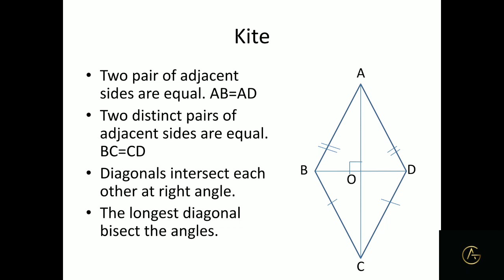Their diagonals intersect each other at 90 degrees, or a right angle. The diagonals AC and BD intersect at point O, which makes a 90-degree angle. The longest diagonal is AC. This bisects angle A and angle C, meaning angle A is divided into two equal parts and angle C is divided into two equal parts.